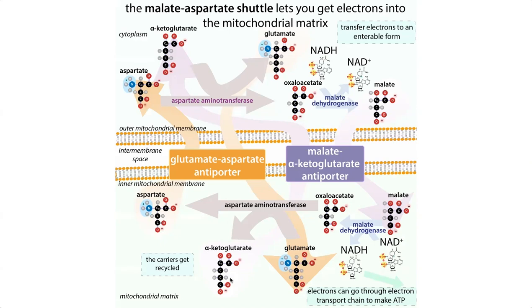This alpha ketoglutarate is the alpha ketoglutarate that we passed out of the matrix in exchange for passing in the malate. So we shipped out the alpha ketoglutarate in exchange for taking in the malate. The alpha ketoglutarate that we shipped out now can accept the amino group from the aspartate we shipped out, remaking the glutamate. And this glutamate we can then ship back in.